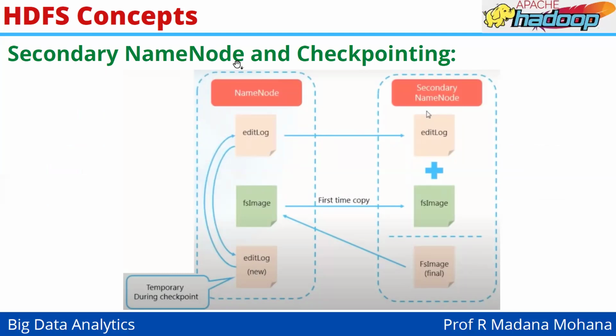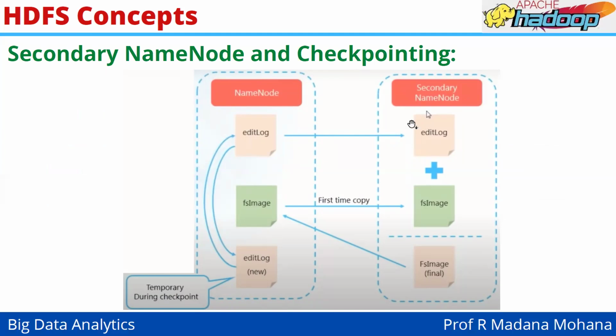Then the secondary name node along with checkpointing. This diagram shows the first one is the name node, the second one is the secondary name node. In each node you can see we have the edit log, then the file system image, the edit log, and a new one, temporary during checkpoint.